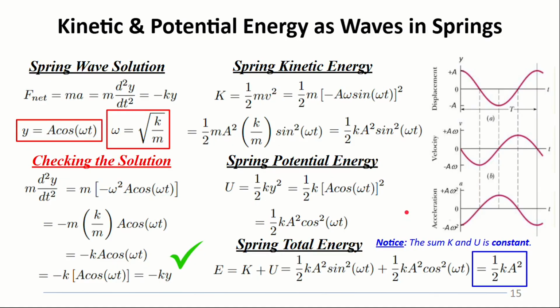And if you were to take a look at what these solutions look like for the displacement, for the velocity, and for the acceleration, you'll notice that you get a waveform here, like this, for y. And you see that the amplitude of our wave is going to be a. And you see that the period of our wave is going to be capital T. And then if you take a look at velocity, you'll see that your new amplitude becomes a omega.